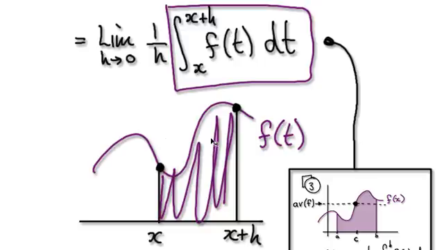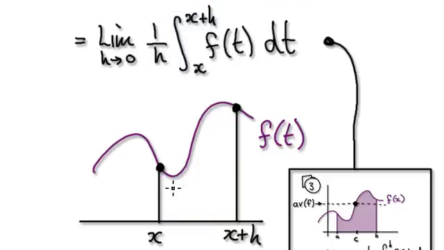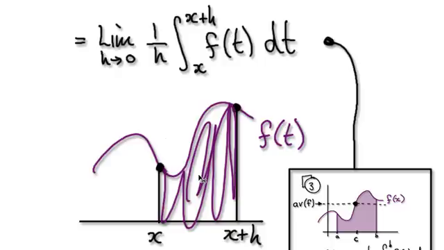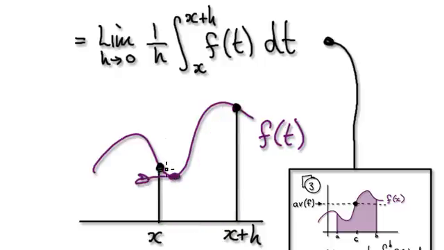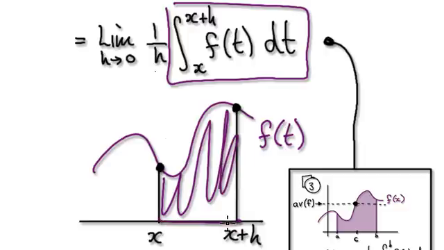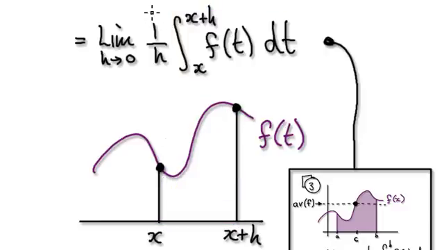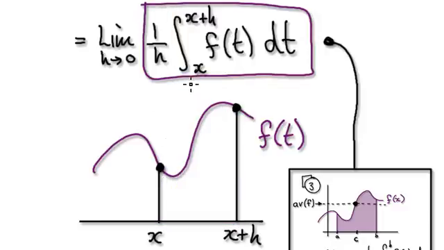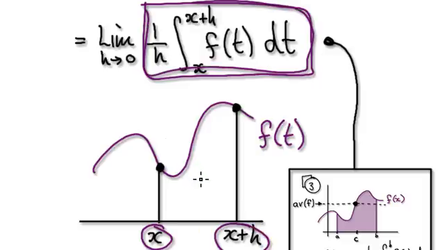The whole area is trapped between the lowest possible value and the highest possible value. When you divide the whole area by the width, that gives us the average height. So the average height exists. There must be a c somewhere between x and x plus h where the function equals the average height.